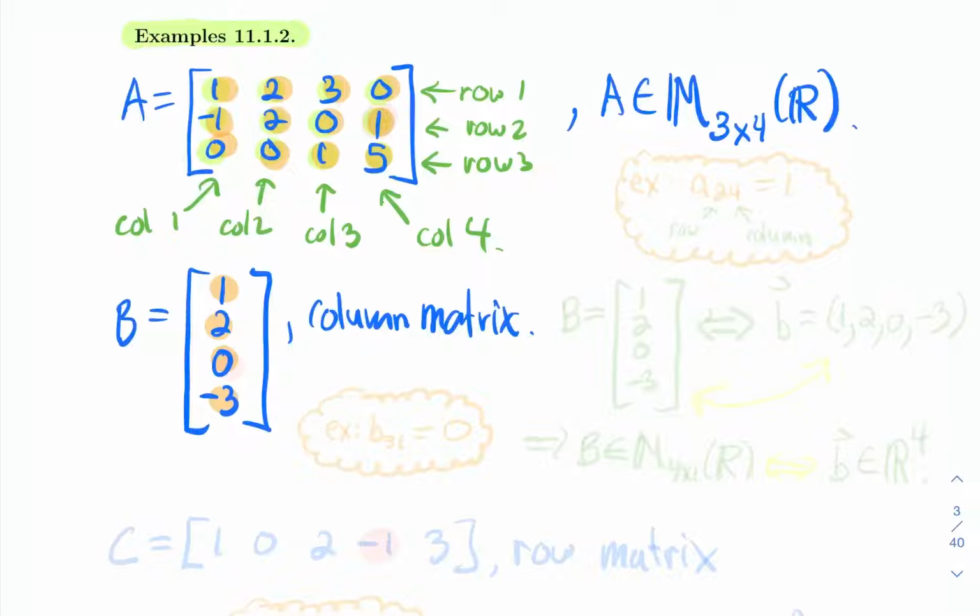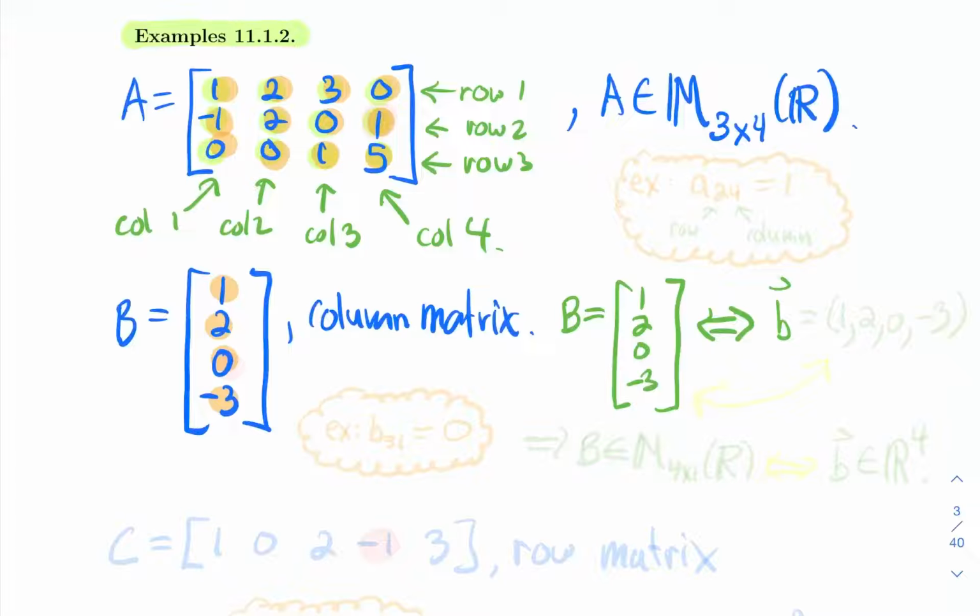And here, as a remark, column matrices really correspond for us to vectors, and we already used that correspondence when we were writing general solutions of systems of linear equations. But just to make it more precise here, the matrix B, which is 1, 2, 0, minus 3 in this example, can also be viewed as a vector using vector notation.